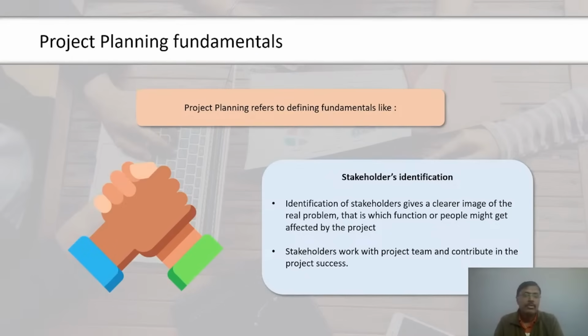Then defining project objectives. So a plan is made keeping in mind the various expectations of stakeholders. Very important, when I say plan, please remember, the organization or customer will have certain requirements. That will be the scope of the requirement. To fulfill that requirement, you will have the solution. So the solution will have certain requirements.